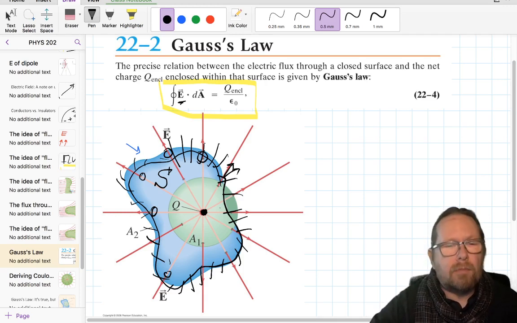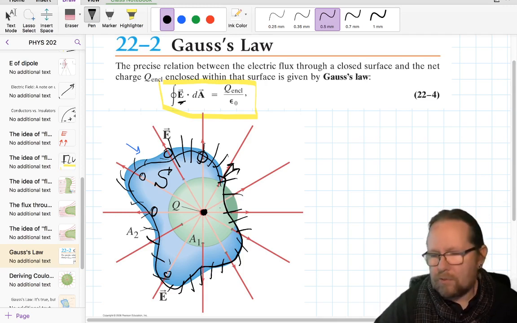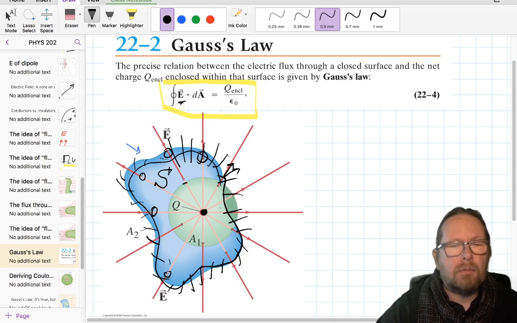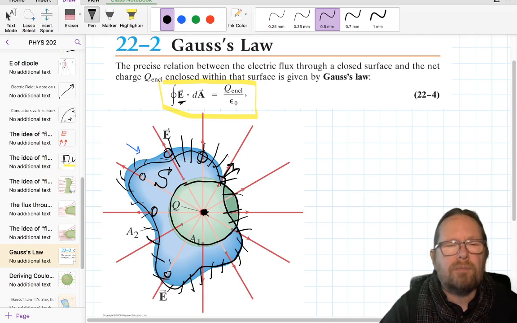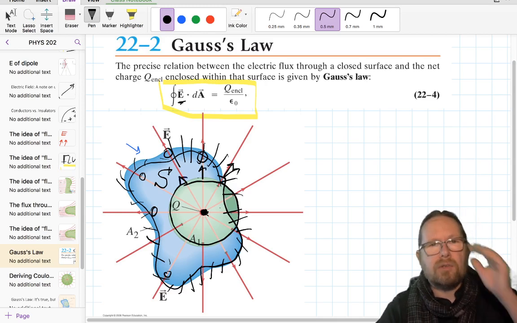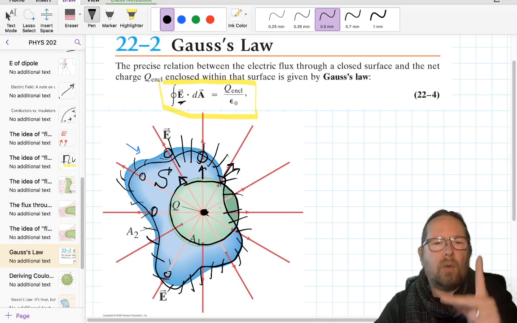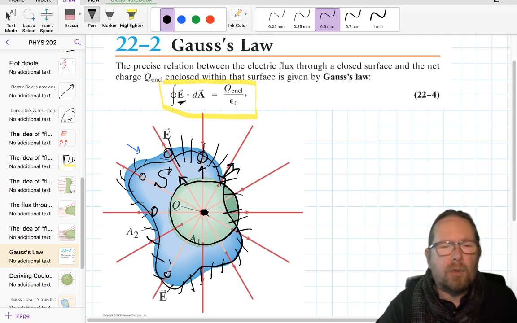If we took the green surface, though, if we take this sphere, notice that a sphere is always the same distance from this point Q. Notice also that the normal to a sphere is always radially away from the origin, and the electric field of a point charge is also always radially away from the origin.